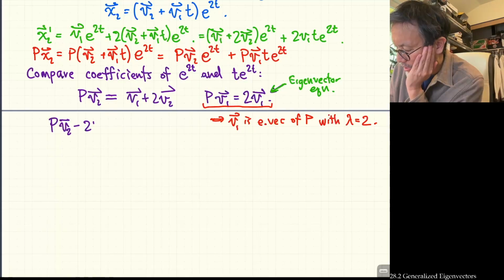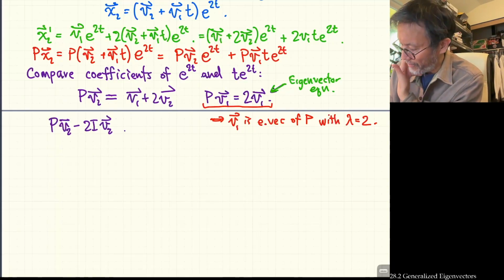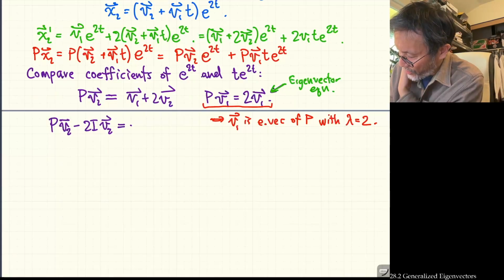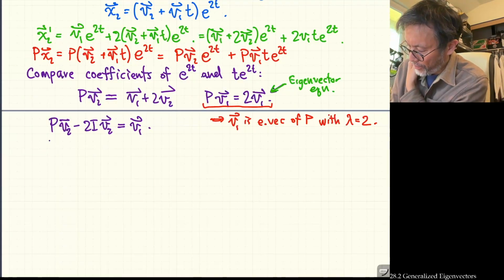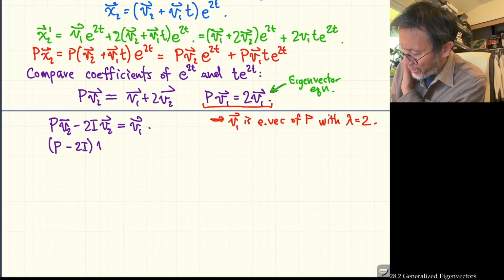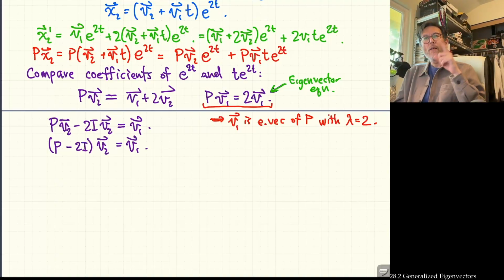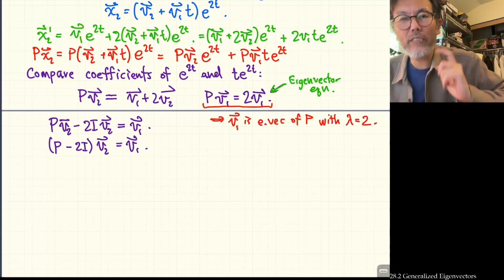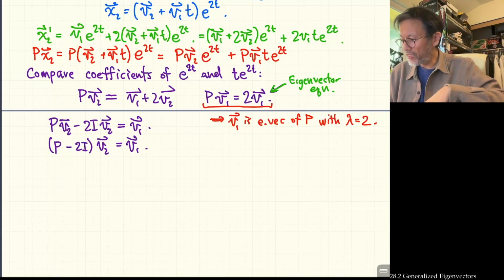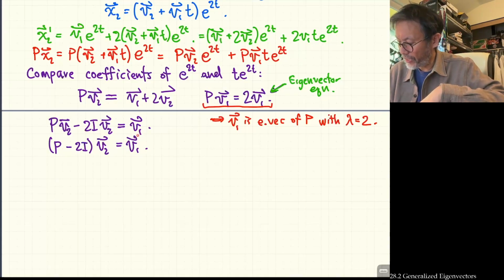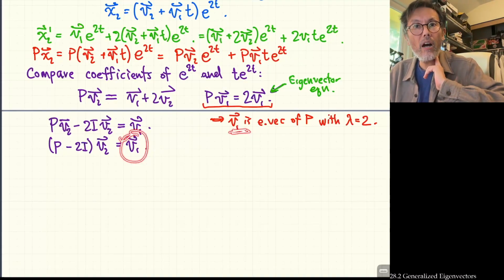I'll write it as 2 times the identity times v2, is equal to v1. And then I can rewrite this as (P minus 2 times the identity) times v2 is equal to v1. This looks a lot like the eigenvector equation, except instead of seeing the zero vector here, I see the eigenvector of P.